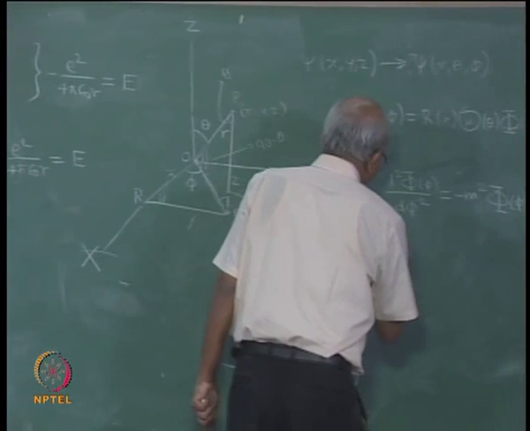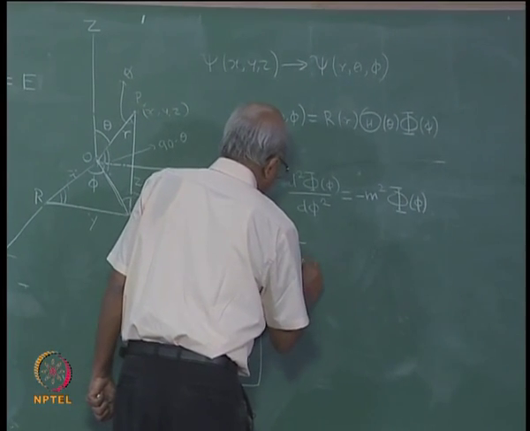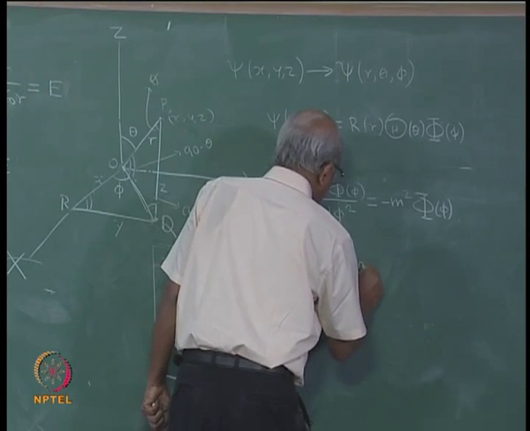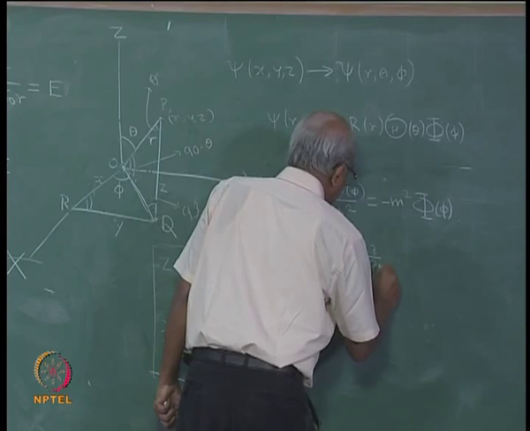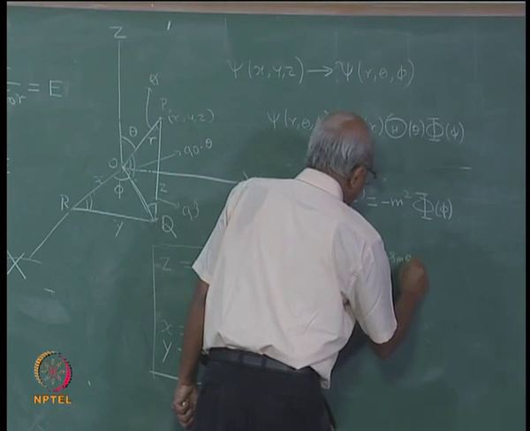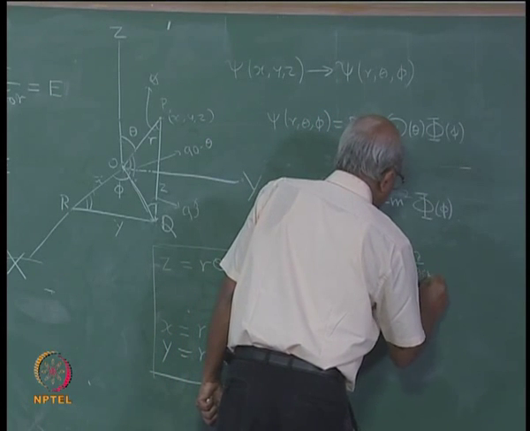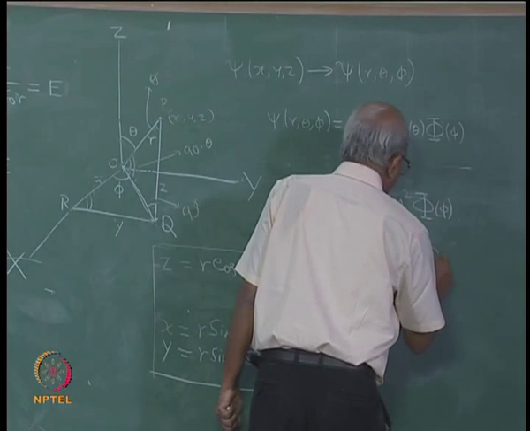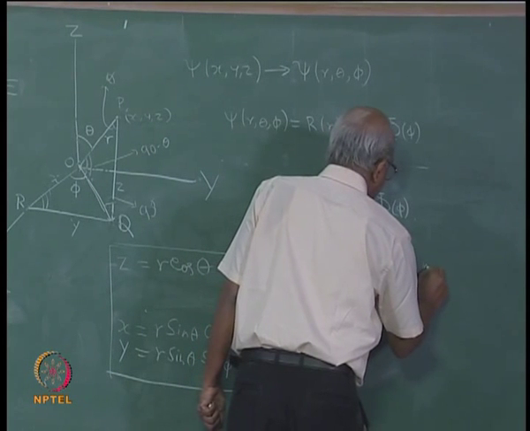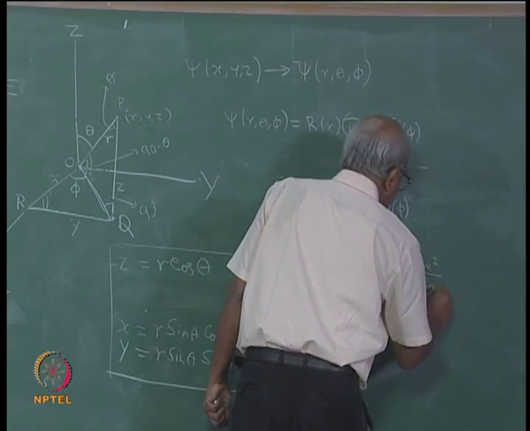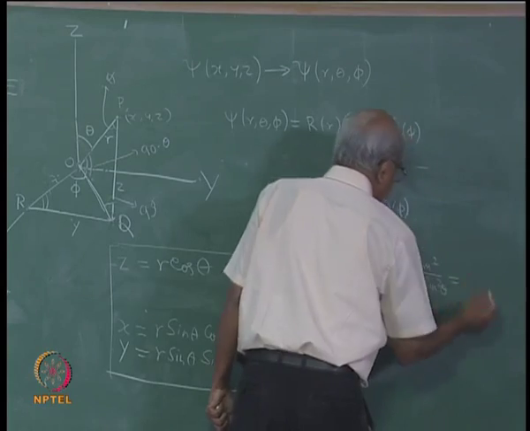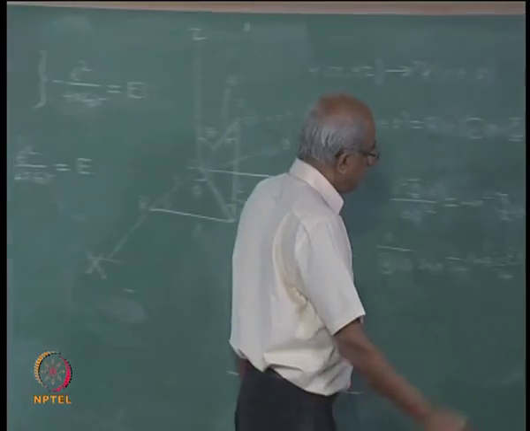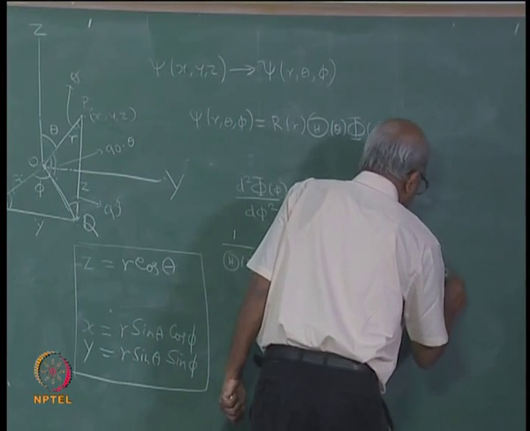So, 1 by capital theta of theta, 1 by sin theta, dou by dou theta sin theta dou by dou theta operating upon capital theta of theta, minus m square by sin square theta, must be equal to a constant. That is what I am saying. And what I will do is I will use the symbol minus beta for this constant.